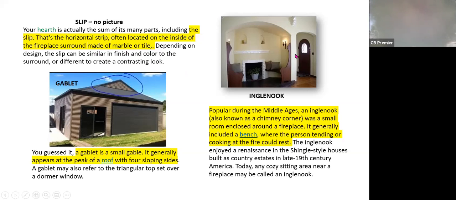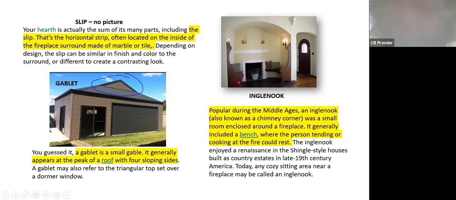Now you're going to see this. I've seen this before, but I did not know it was an ingle nook. In your older style homes, you'll see this in Tudor homes also. It's where you have a fireplace.